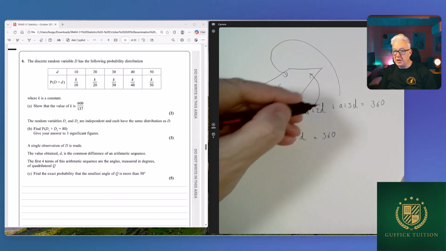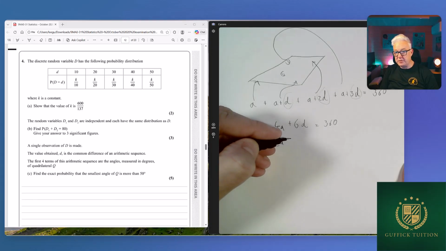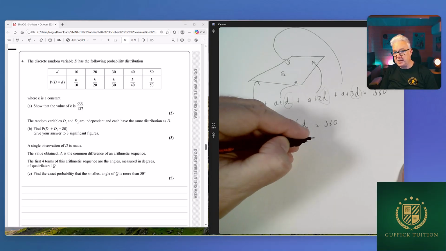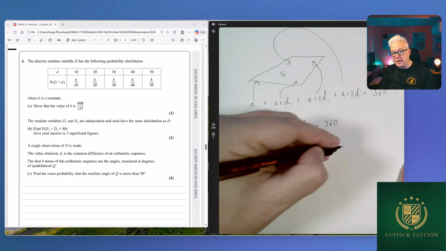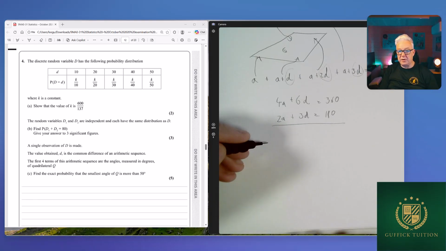So they've got 1D, 3D, 6D. So we can halve all of that. So it's the same as 2A add 3D is equal to 180. So what we're saying is we've got to find the exact probability that the smallest angle of Q is more than 50. Okay, so let's just consider different values of D.